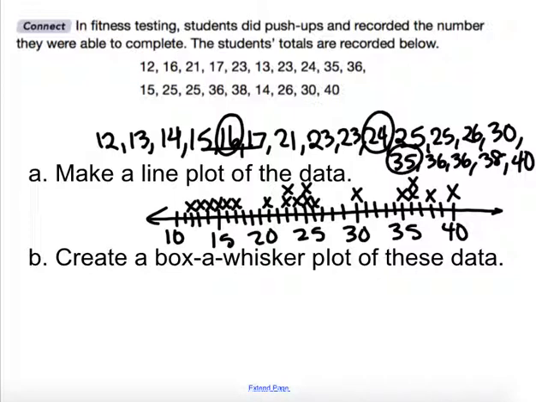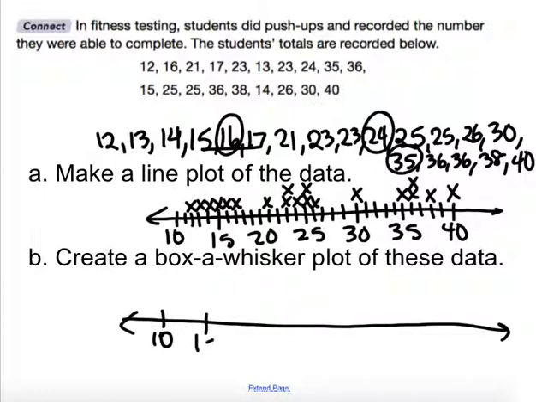So when we make our box and whisker plot, and I'm not going to put all of those tick marks like I did for the last one, but I am going to say 10, 15, 20, 25, 30, 35, and my 40, which means I can put my lower extreme at 12 right here. I can put my upper extreme on 40.